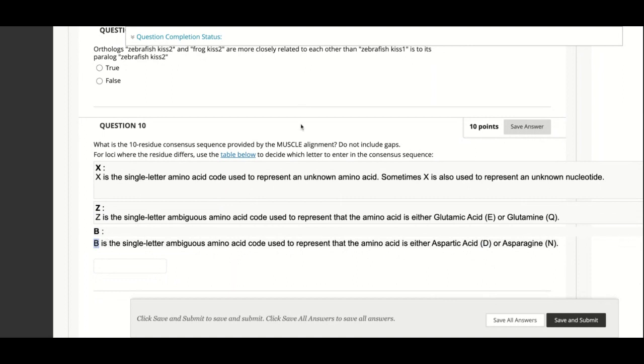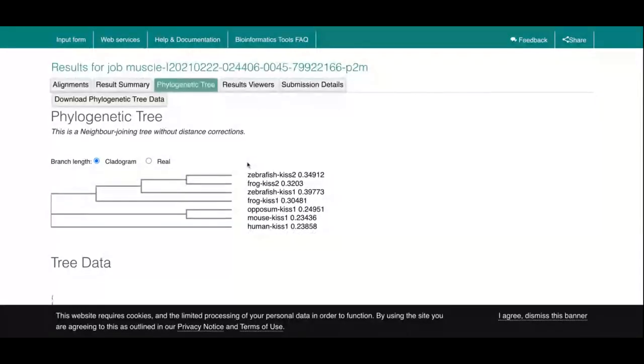Let me pull up the muscle alignment, because that's what I asked you to focus on. Okay, on this screen of the muscle alignment, right now I'm looking at the phylogenetic tree, but we are going to look at the alignment.